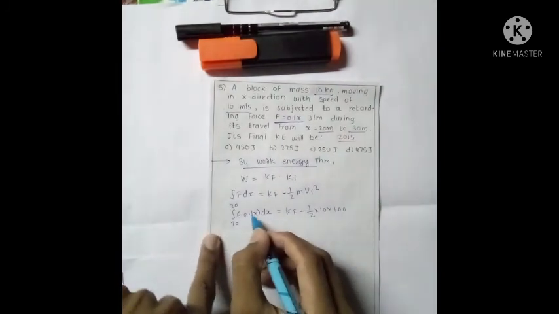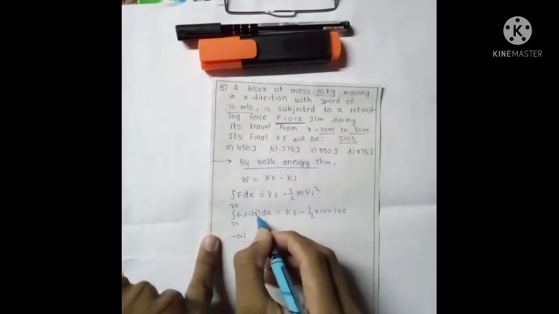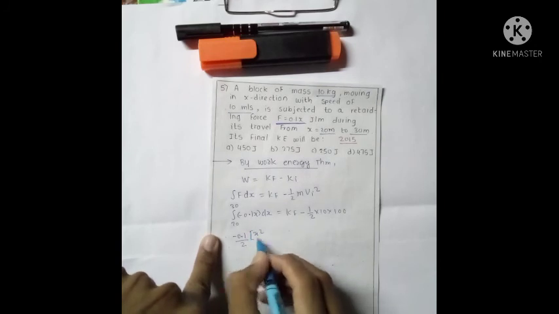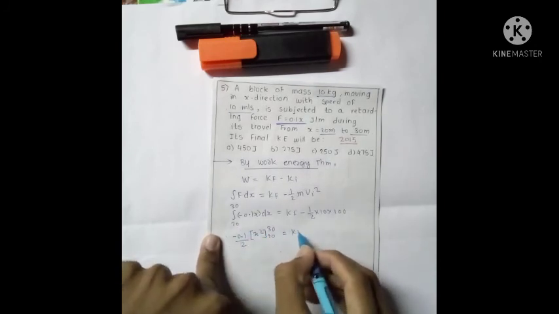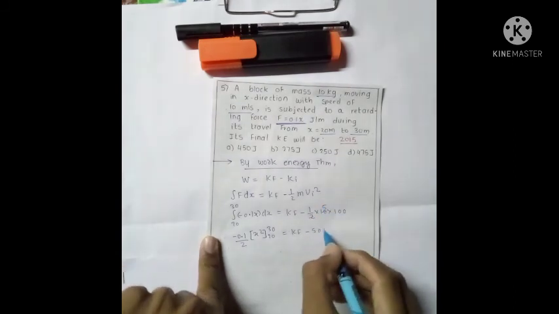By taking minus 0.1 common, integration of x with respect to x is x square by 2, and taking 1 upon 2 common, and limits are 20 to 30, is equal to final kinetic energy minus this becomes 5 into 100, which is 500.